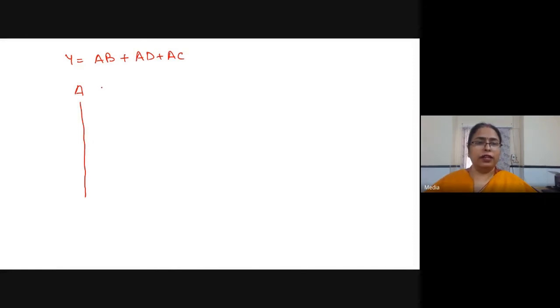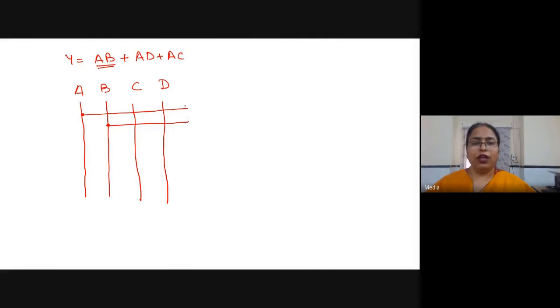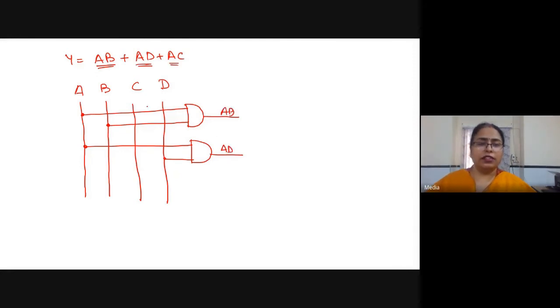For the circuit diagram in the form of logic gates, first one is AB. Put an AND gate here, A and B. Second is AD. Take A input, D input, AND gate. This is AD output. This is AB output. Third is AC.